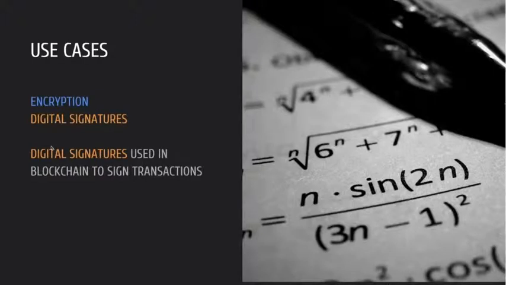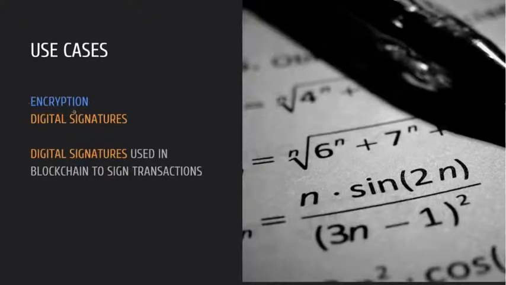They only validate the sender, so that I can digitally sign a document or I can digitally sign a transaction, and the other people can then verify that it was indeed me who signed the transaction or me who signed the document. So let's take a closer look and start with the first use case, encryption.